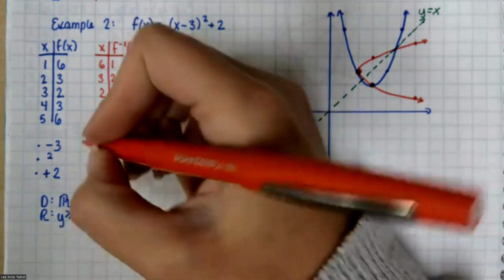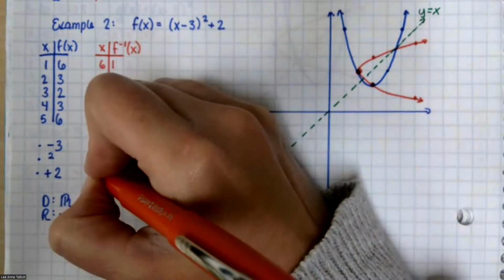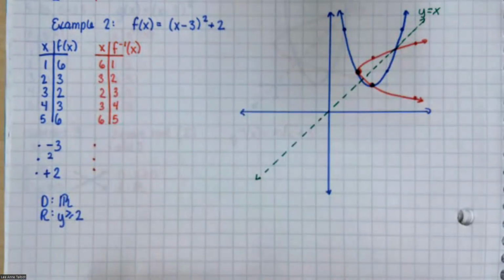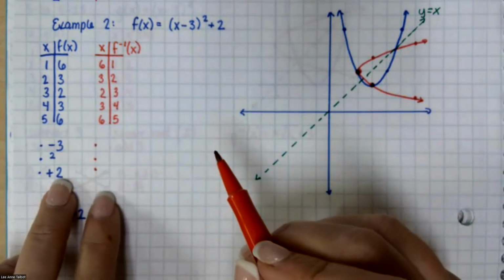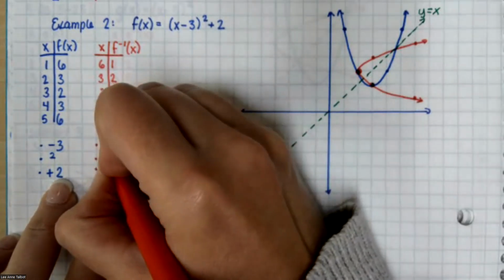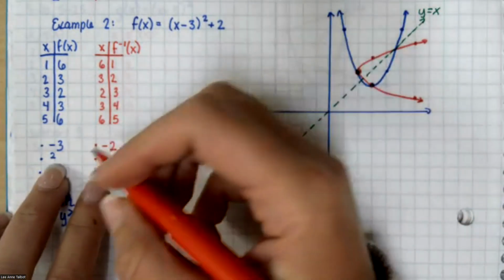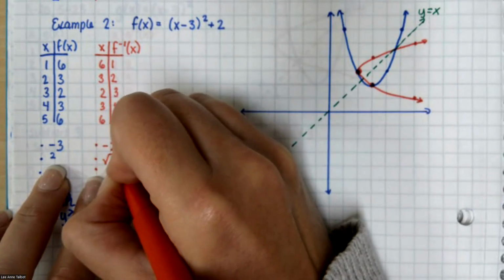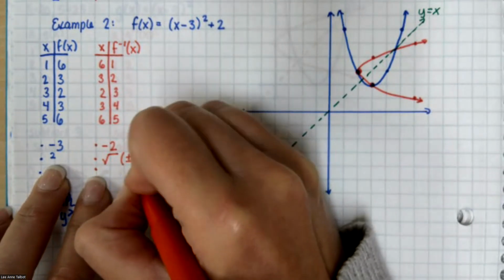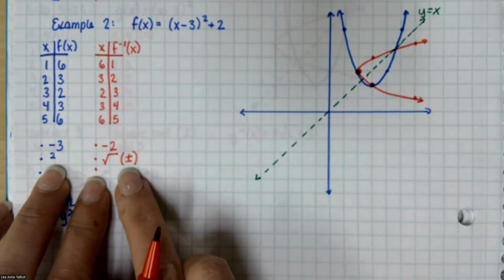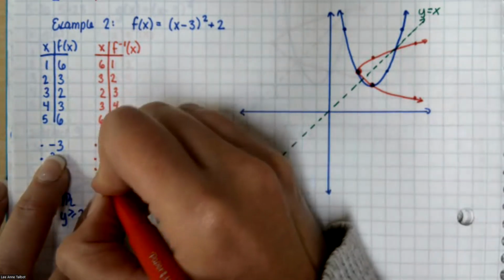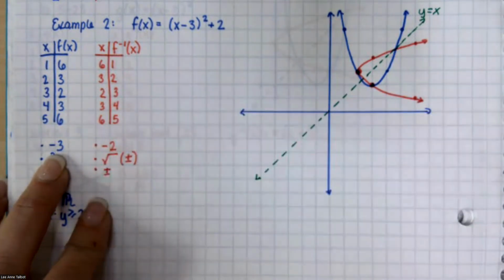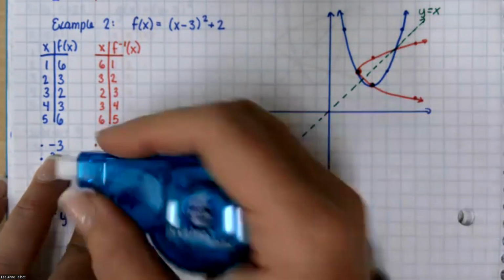All right, steps are next. Okay, so undo this first. Don't forget your plus or minus on the square root, super important.